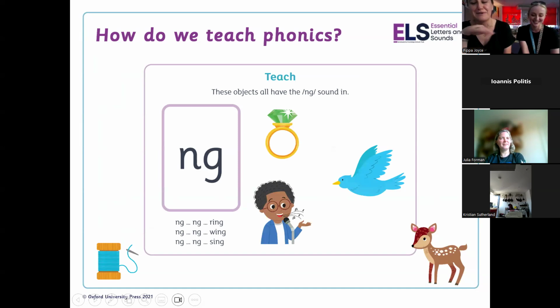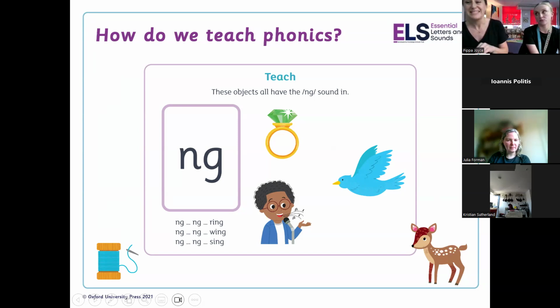So this is an example of one of the slides that we use with the children. So this would be the focus as a digraph, 2 letters, 1 sound, really nice nasal sound for you there. The main thing that is different about this phonics scheme is that you don't ever test the children.